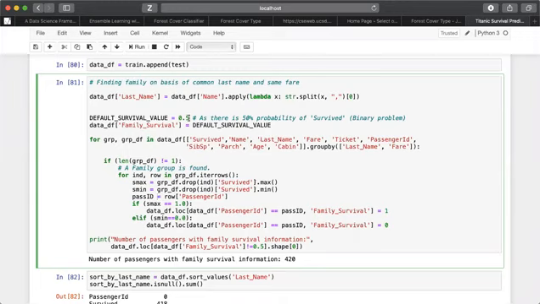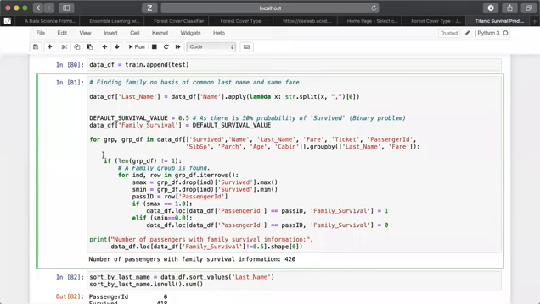So for this, I have made a new column called family survival, and I have assumed that for every passenger the default value is 0.5.